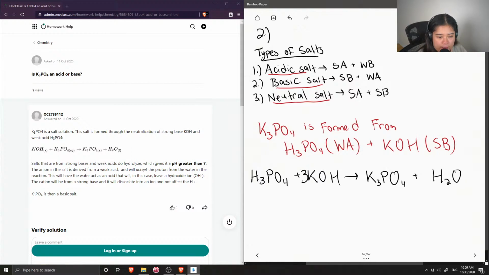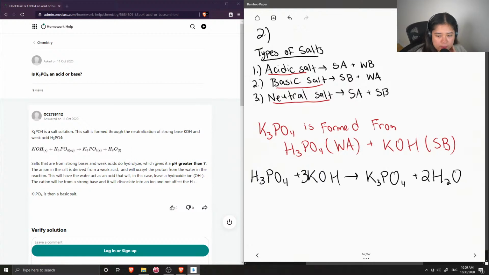And now we have 6 hydrogens and 7 oxygens. So let's see if we put 2 in front of H2O. And now everything should be balanced.